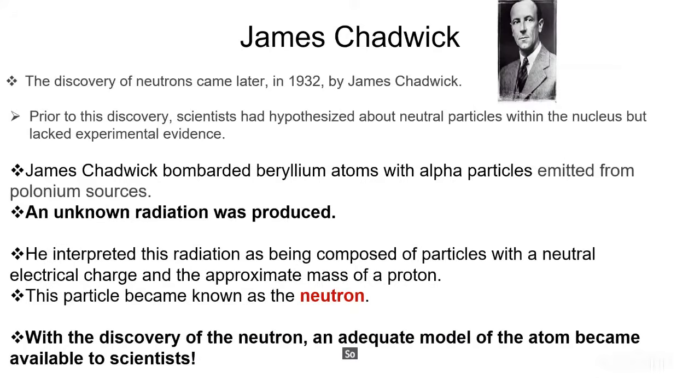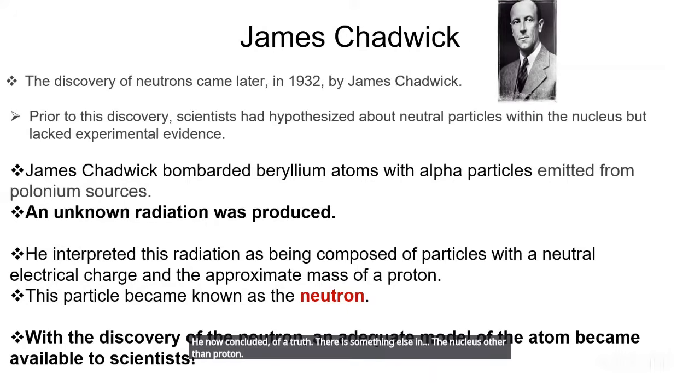So when he looked at this, he found out that no, the weight of 2 hydrogen atoms is not equal to the weight of 1 helium atom, but the weight of 4 hydrogen atoms is equal to the weight of 1 helium atom. He now concluded, of a truth, there is something else in the nucleus other than proton.